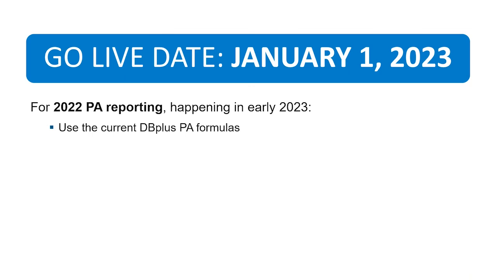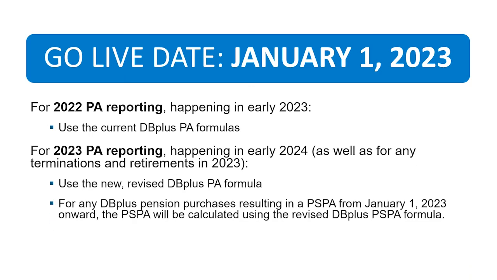However, for 2023 PA reporting happening in early 2024, as well as for any terminations and retirements that happen over the course of 2023 and beyond, the new formula will be used. This also means that for any DB Plus pension purchases resulting in a PSPA from January 1st, 2023 onward, the PSPA will be calculated using the revised DB Plus PSPA formula.